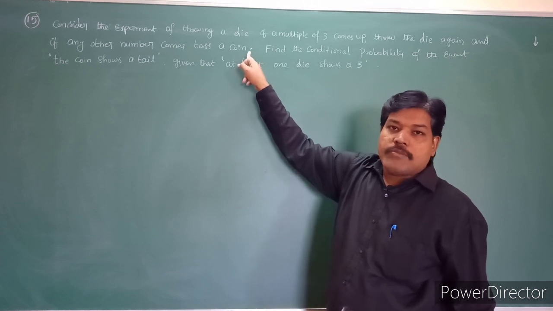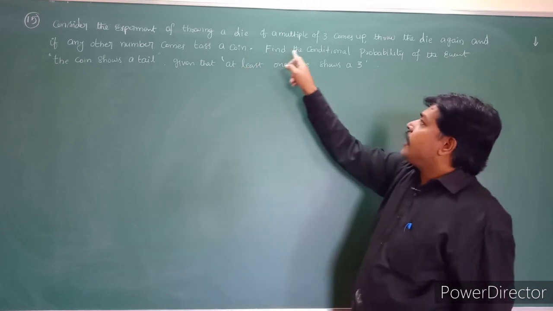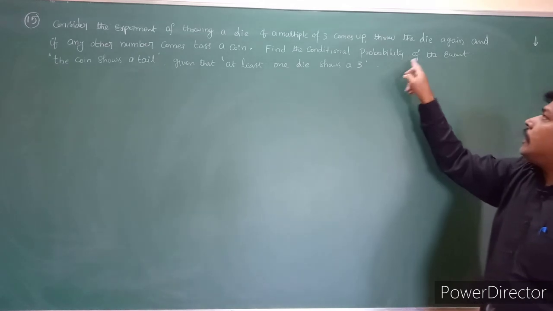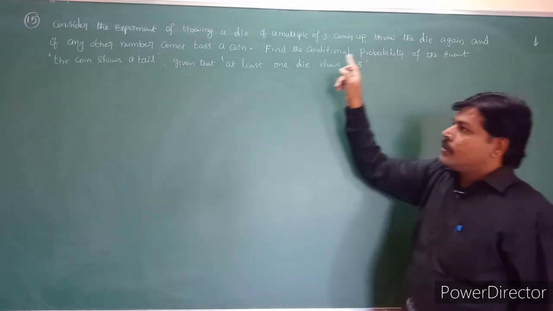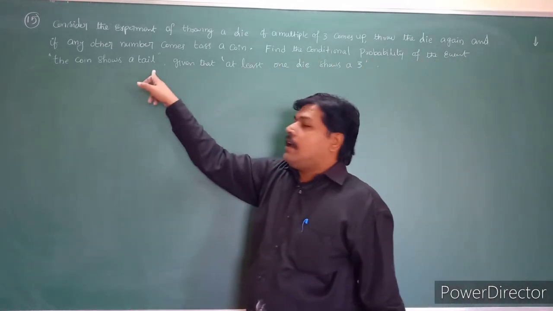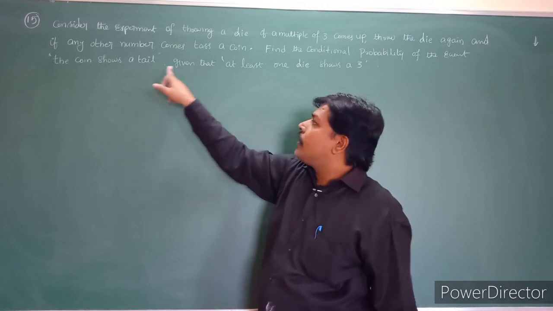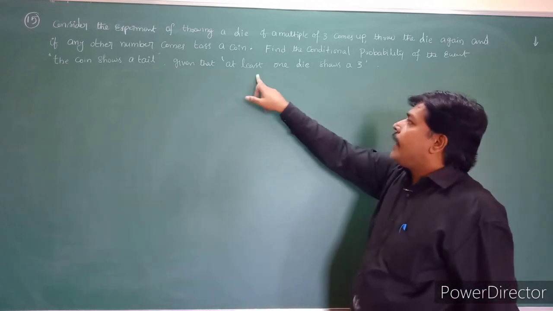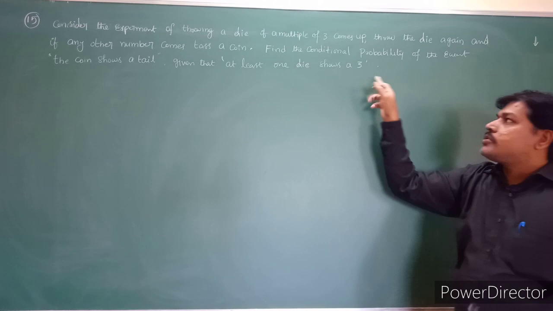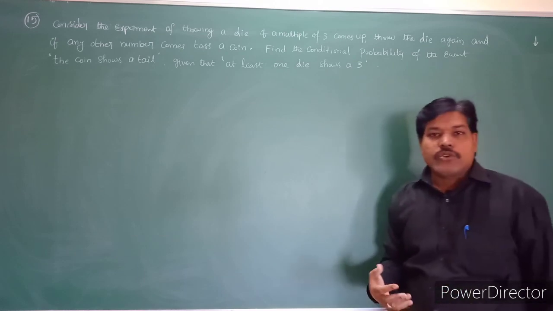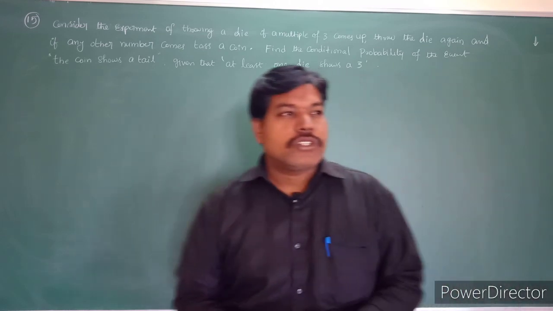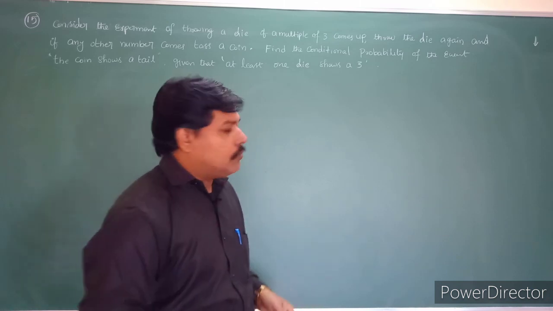Find the conditional probability of the event the coin shows a tail, given that at least one die shows a 3.